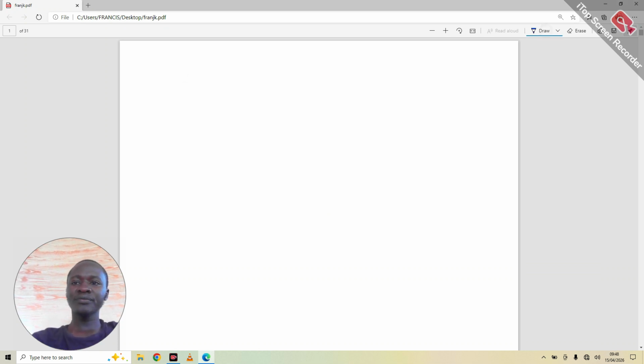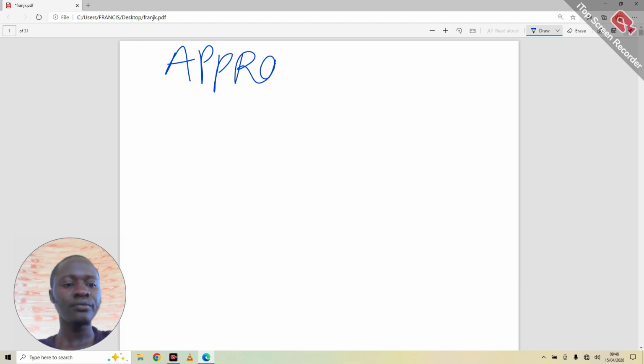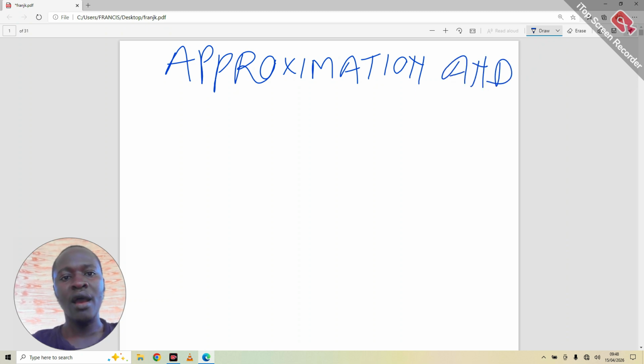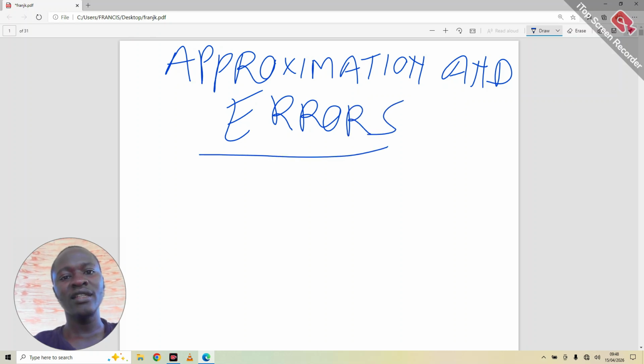Approximation. Let me write it in caps. So we have approximation and errors.